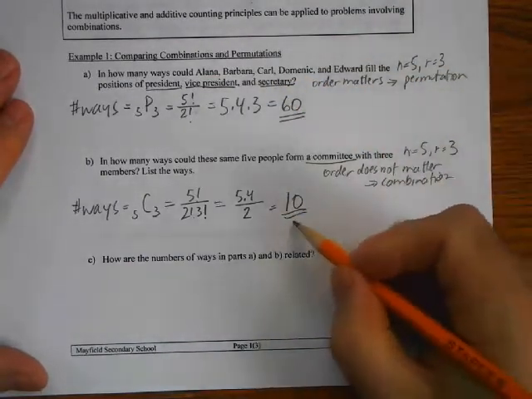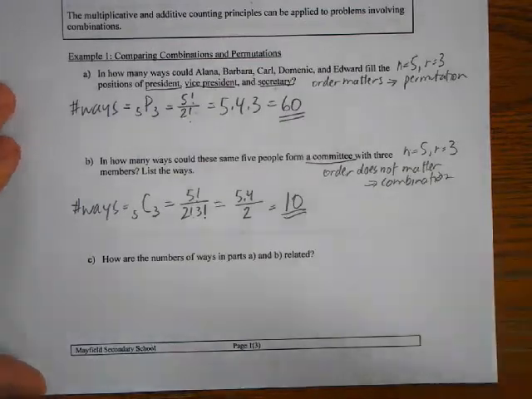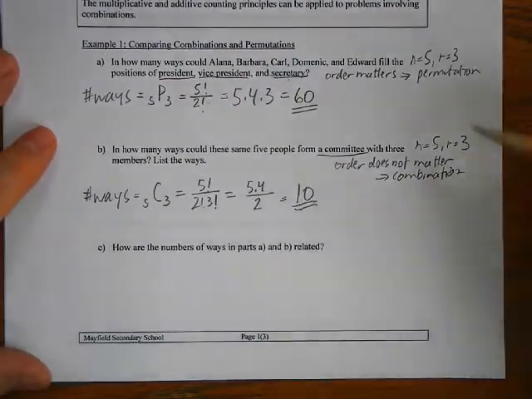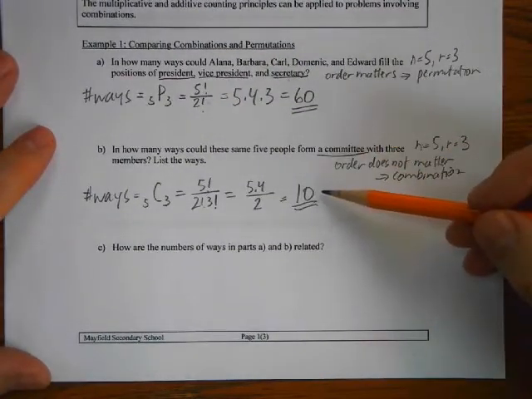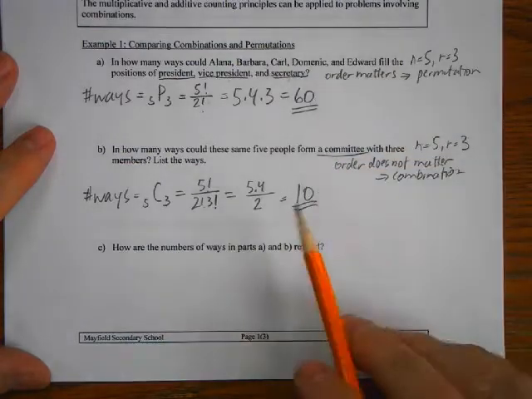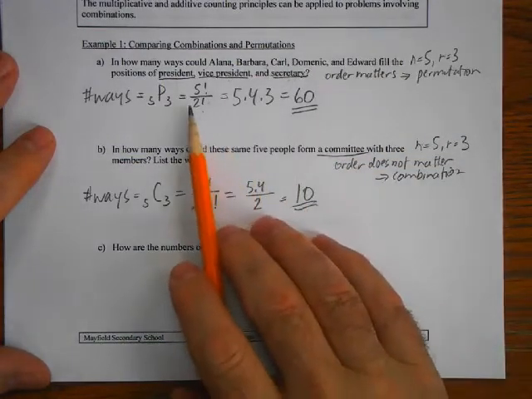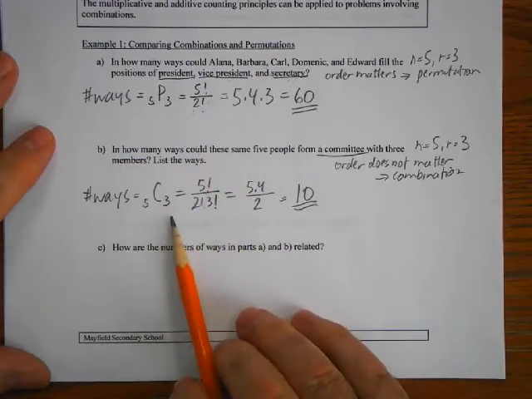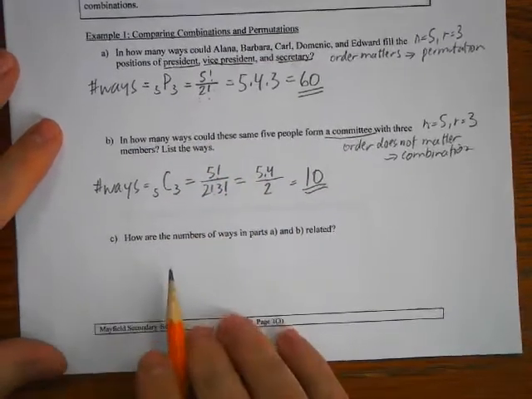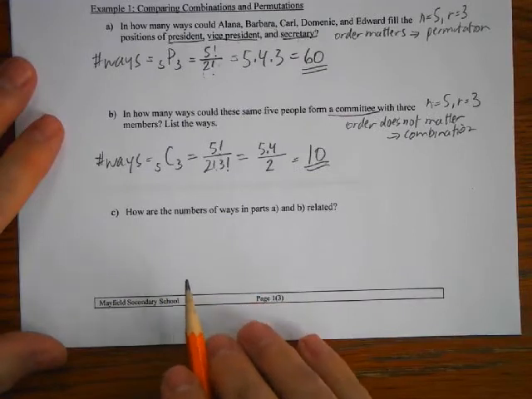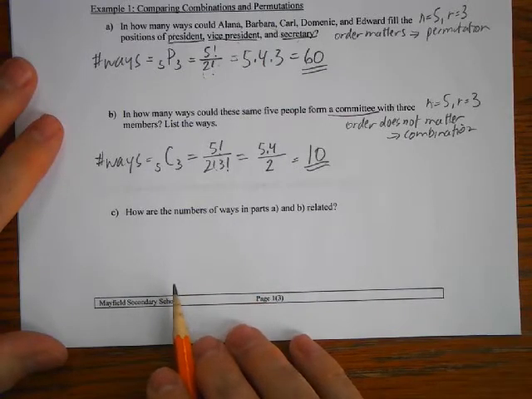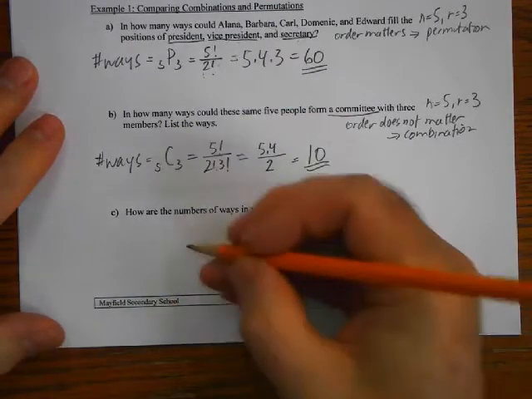Okay, so hopefully that shows you the reasons why, and the fact that the combinations for the same n and r values will be lower by a factor, and that factor will be r factorial. That's what this question is asking: how are the numbers of ways in parts A and B related?